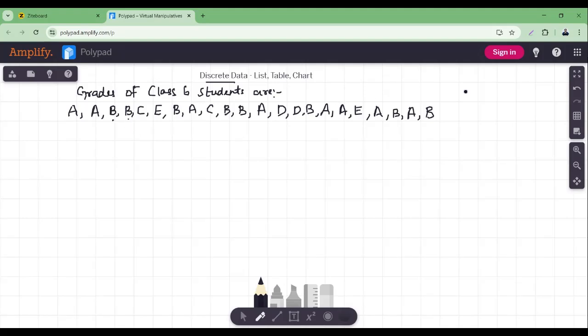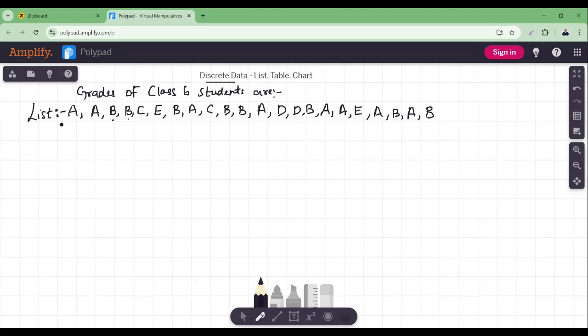Now, this way of writing is called a list. Does this list give you a picture of how many students have got which grade? Or does it tell us which grade is the highest, the one a lot of students have got?